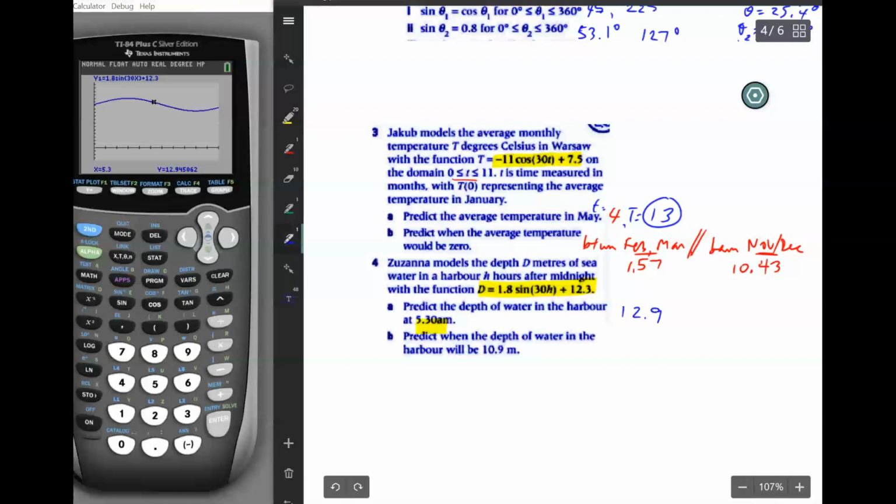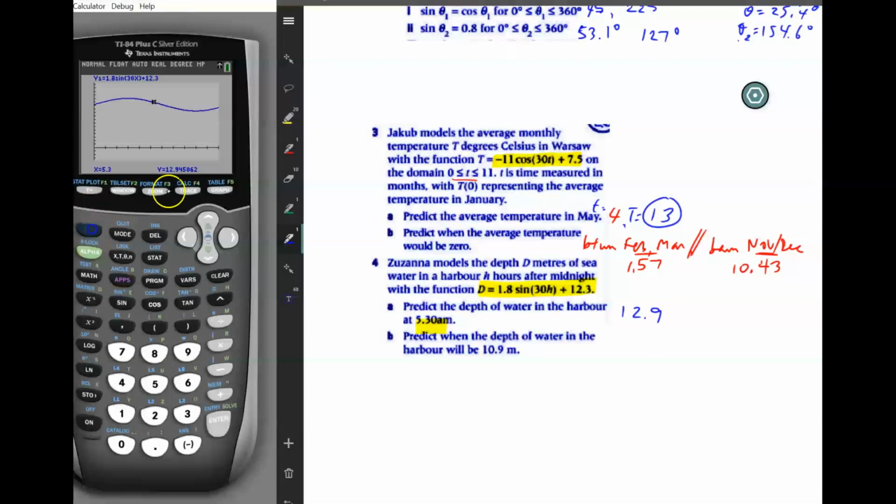Okay. And then it says predict when the depth of the water in the harbor will be 10.9. So there's a couple ways to do that. One of them is to look at the table. If we look at the table, we can see that 10.9 would be between 7 and 8, but we want more precision than that.